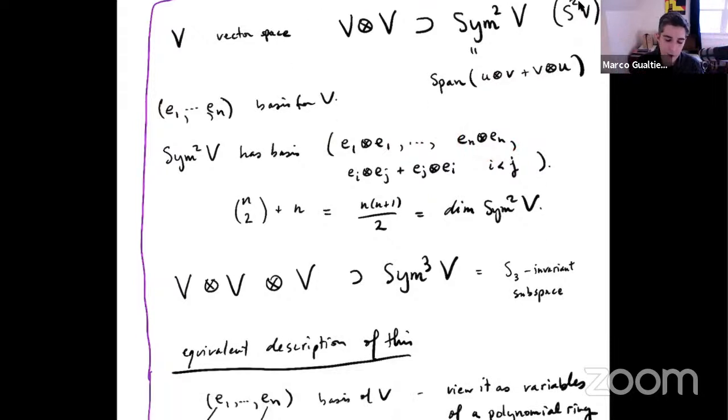But if I also take two of them, Ei and Ej, which are different, then I can take Ei Ej plus Ej Ei. And here I'm just making it linearly independent from the previous elements on the list by letting i be less than j. So that means that I have n of these, and I have n choose 2 of these, and the sum is n(n+1)/2. That is the dimension of the second symmetric power of V.